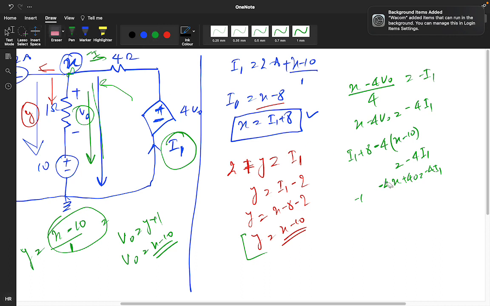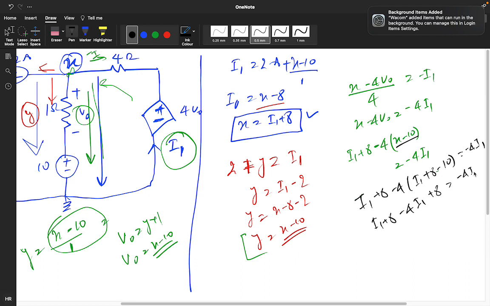Substitute here itself. So I1 plus 8 minus 4 into I1 plus 8 minus 10 into minus 4 I1. So what will it come? I1 plus 8 minus 4 I1, it will become minus 2, so it will become plus 8, and minus 4 I1. So these minus these get cancelled out. So I1 value you are getting minus 16.